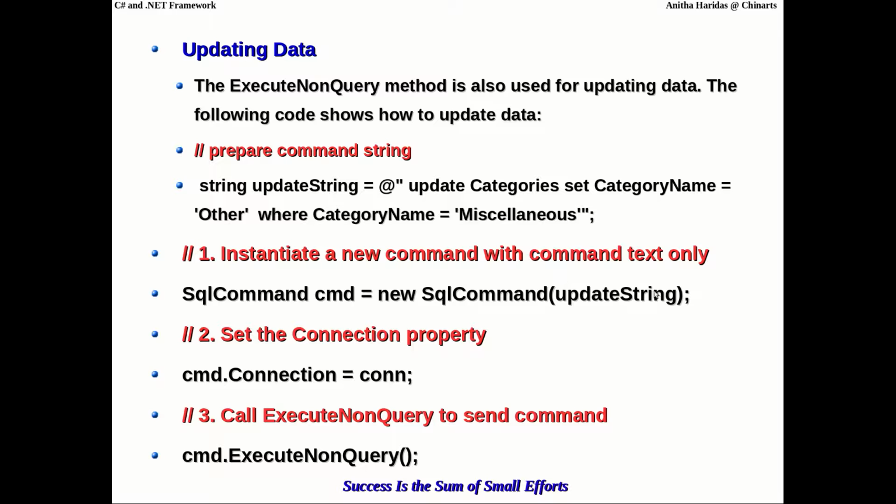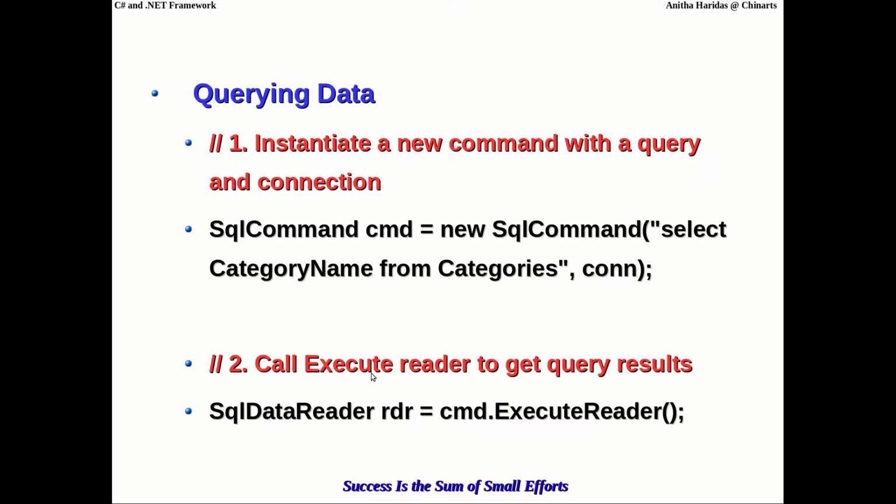You just pass the string now. Then you can use the command object, then specify the connection property equal to the connection object. This is also possible. So this is another way of writing. So three different ways of creating the SQL command we have seen. What are they?